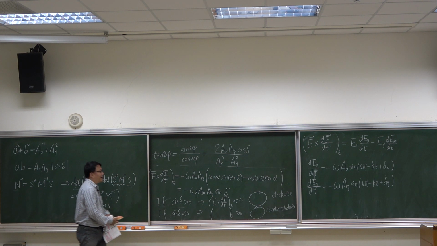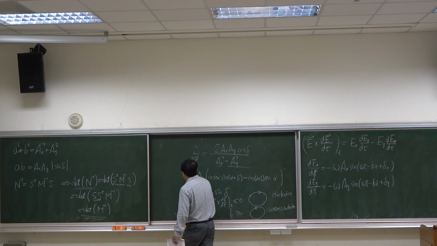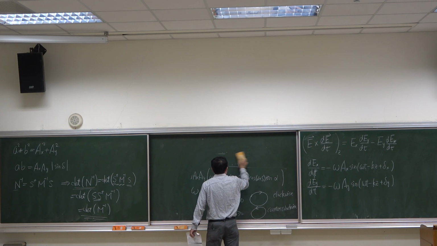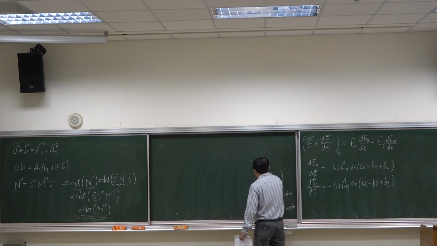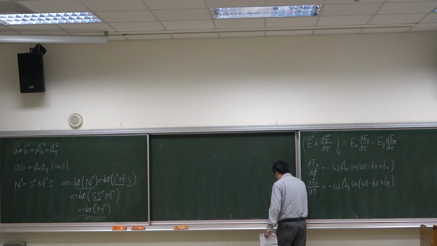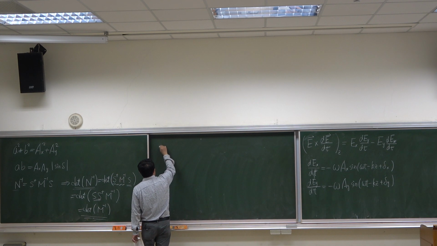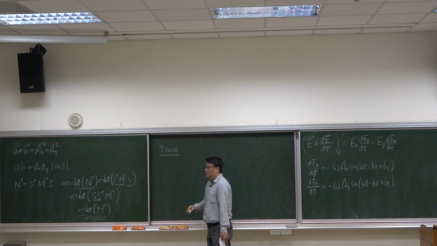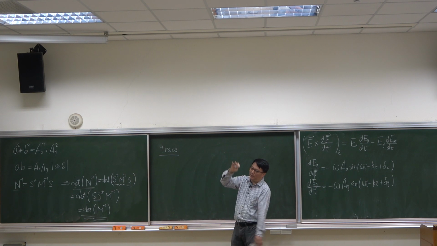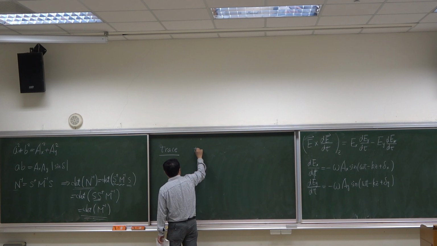In linear algebra, there is another important quantity called trace. Trace means the sum of the diagonal elements of the matrix, and its notation is TR.